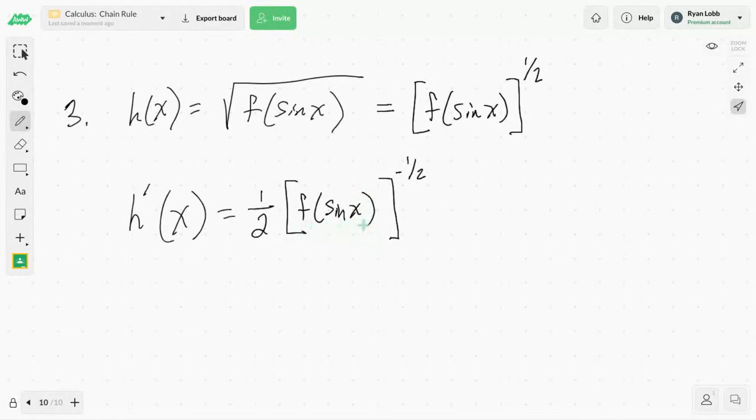Now I got to take this derivative. What's the derivative of f of sine of x? Another outer inner function. So times the derivative of f, outer function derivative, evaluated at the inner function, keep the same. Now times the derivative of the inner function sine. Now be careful here, don't write this down. Okay, that's not right.